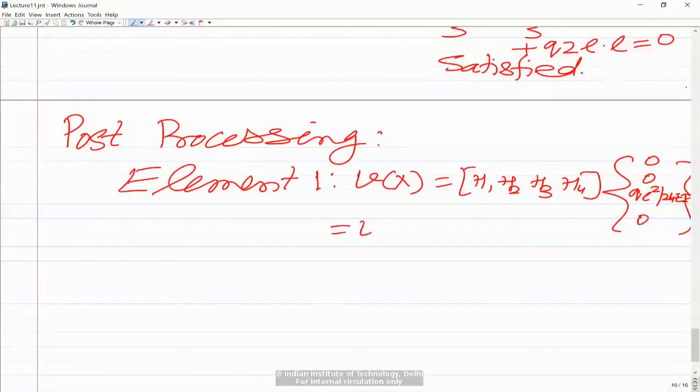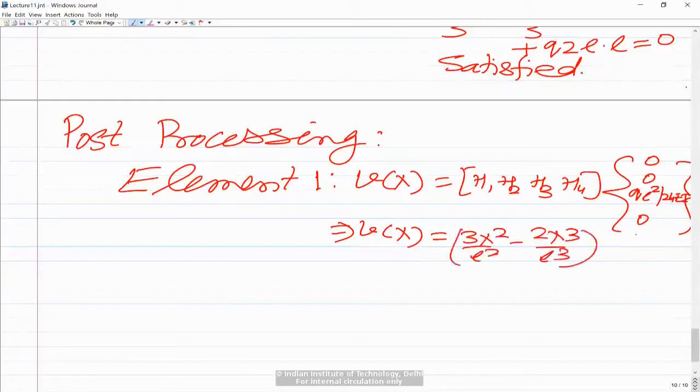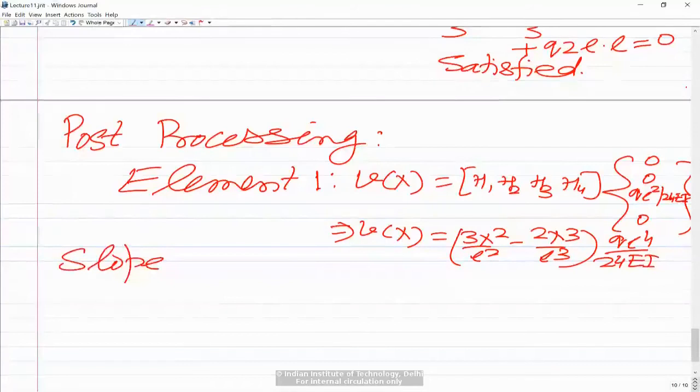You would see that v of x will be equal to only h3 times ql power 4 upon 24 EI, and h3 is 3x square upon l square minus 2x cube upon l cube. So this is v, the deflection, and this equation you can use to find the deflection at any point within the first element.